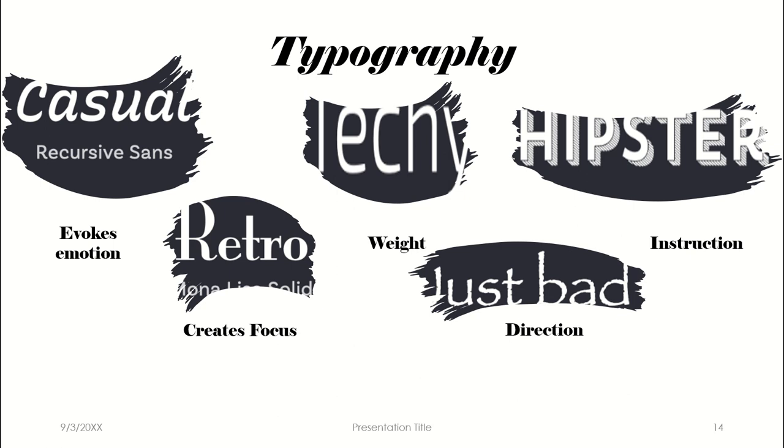Other than that, it might have some direction with it. So what I mean by direction is, we read in the United States from left to right, and then we go down from top to bottom. And so when there's text on a screen, you're automatically going to read it. At least if the commercial is in English and here in the United States, then you're going to read it from left to right, and then if there's lines underneath it, you're going to go from top to bottom, right?